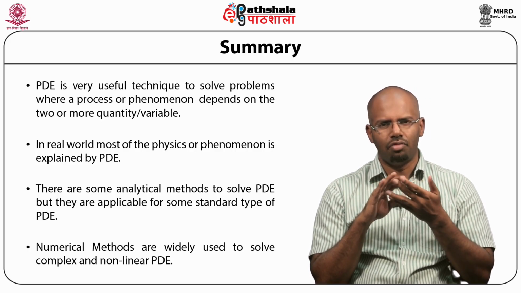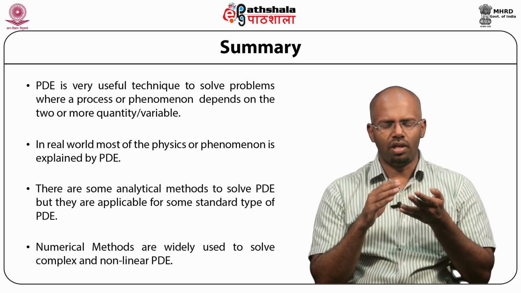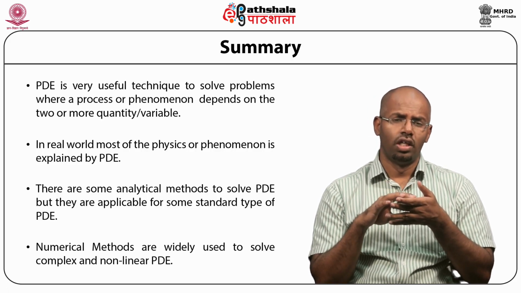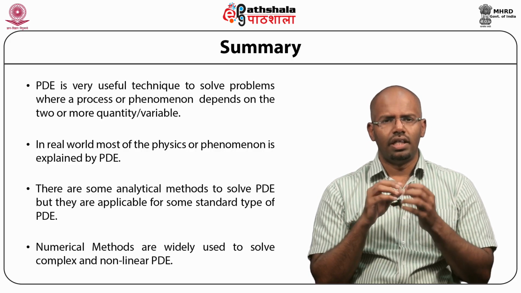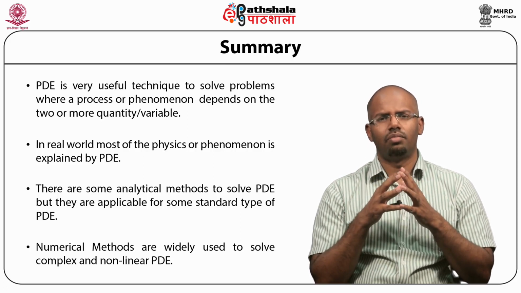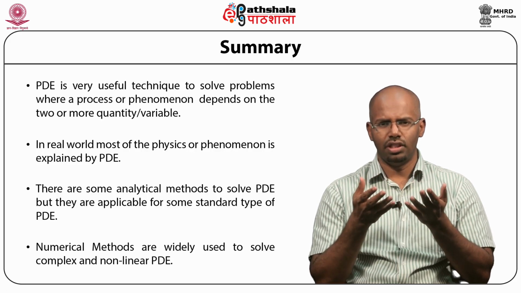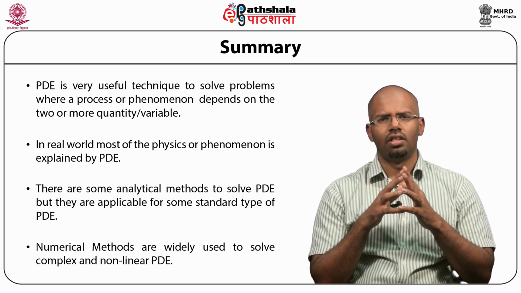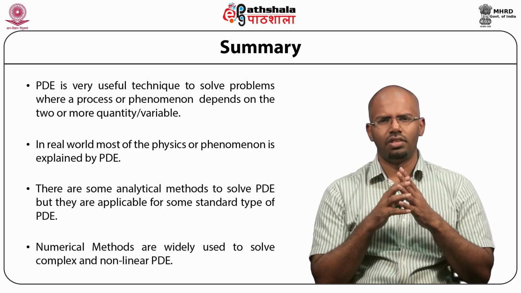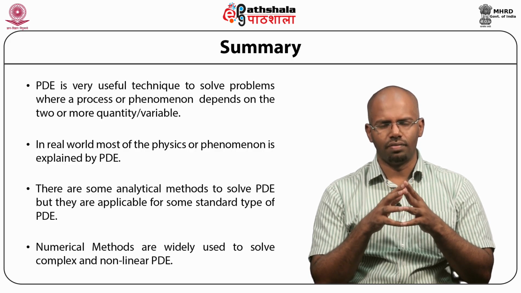So for any common problem, there are only going to be four independent variables. There can be many physics problems, and the commonly used ones which use PDEs are the heat equation, the Laplace equation, and the wave equation.